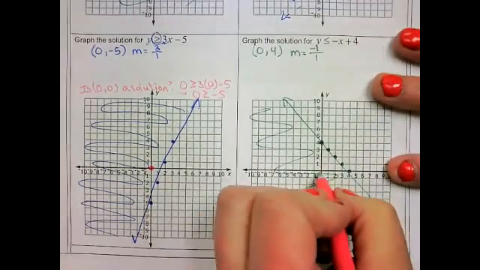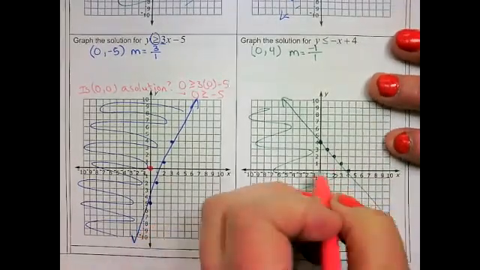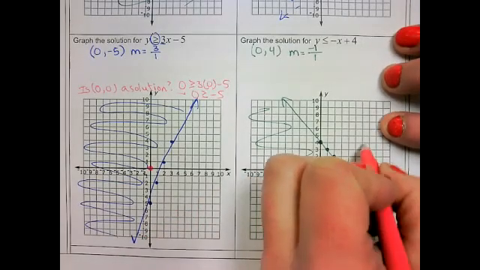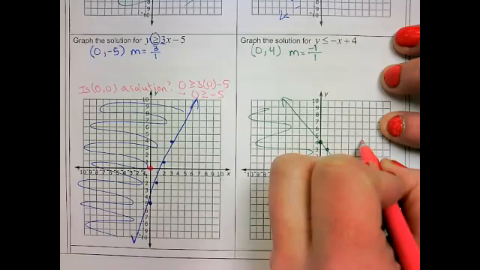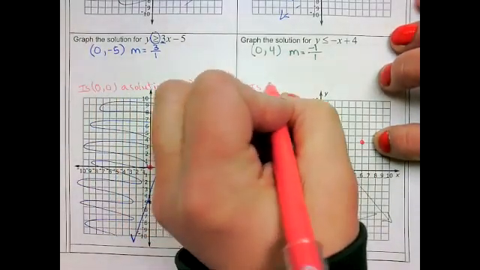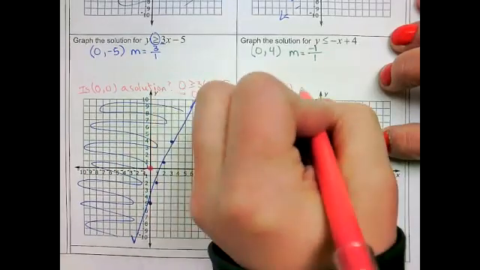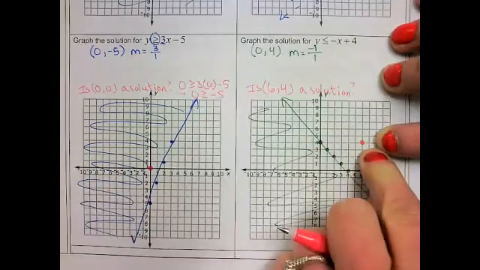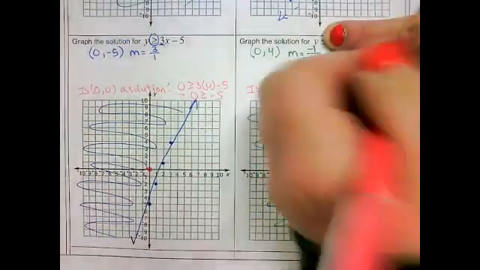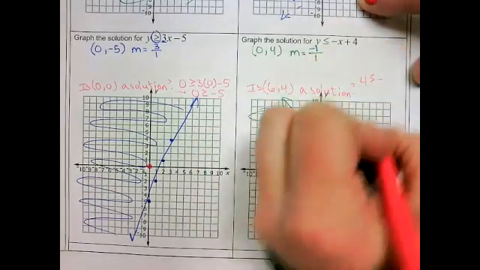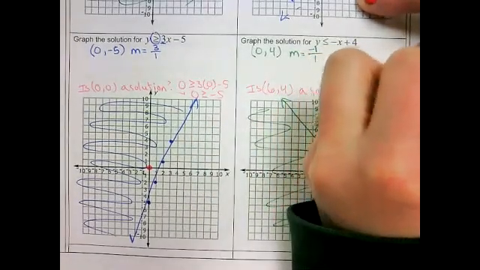So now I'm going to try a test point. This time, you know what? I am going to go with the point 6, 4. Is 6, 4 a solution? So anywhere I see a y, I'm going to plug 4 in, and anywhere I see an x, I'm going to plug 6 in.